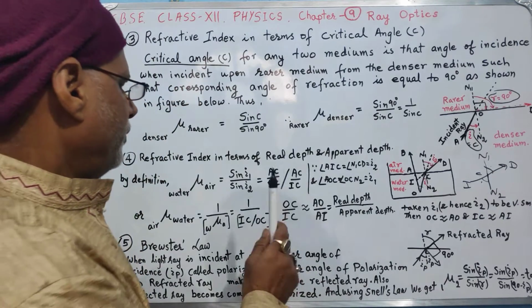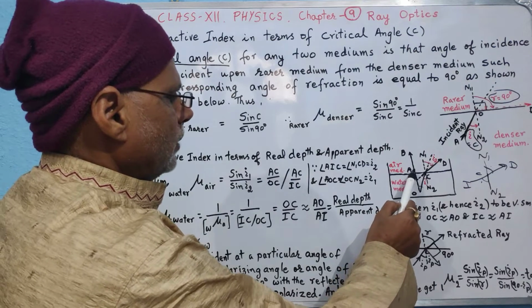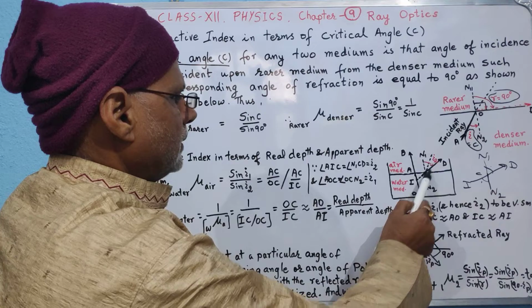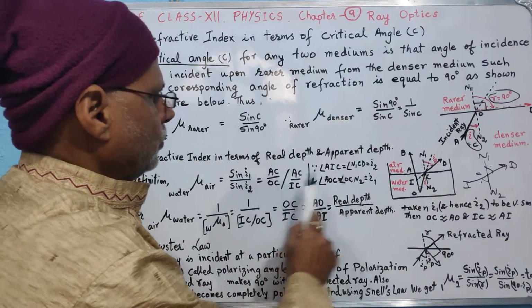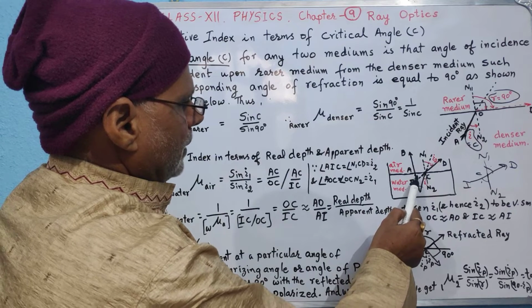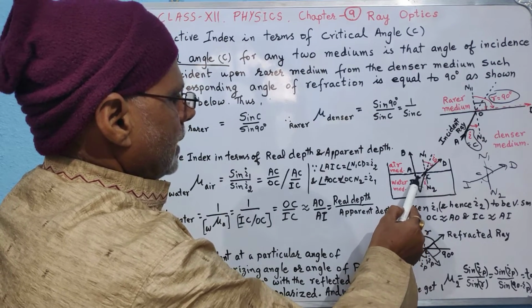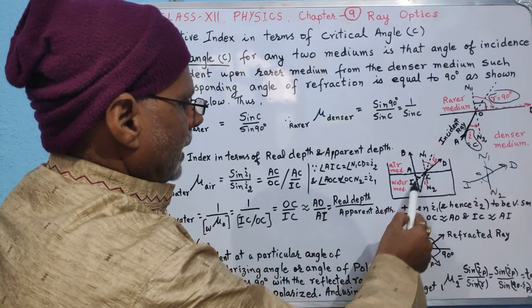So the angle AIC is nothing but equal to the angle N1CD, that is i2. So we can write sin i2 is equal to AC upon IC.